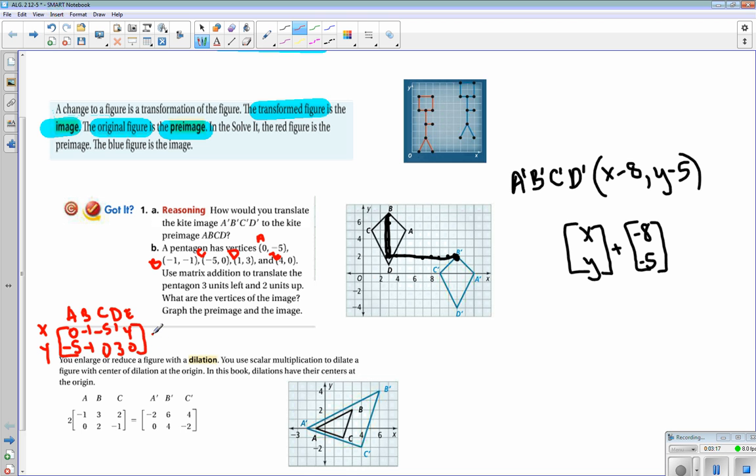And we're going to translate that 3 units left. So to move left, I minus 3. And 2 units up, so I take the y and I go 2 units up.